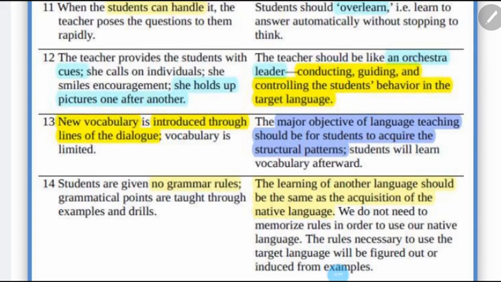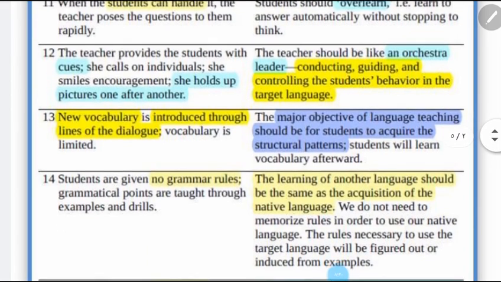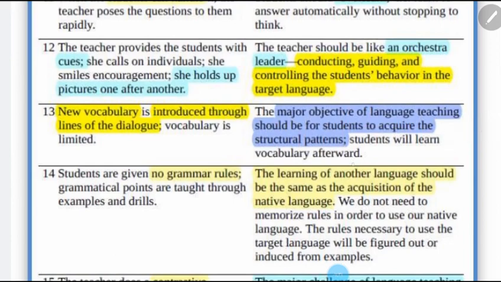So he is an orchestra leader for his students. Provide cues and help students to learn the patterns, structure, and vocabularies of the target language. So he or she is an orchestra leader. That means to conduct, guide, control the class.